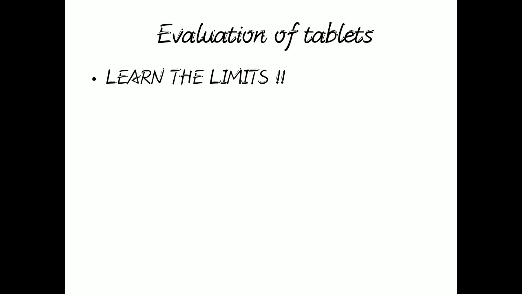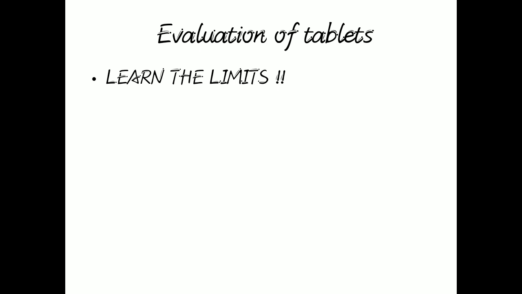Next most important test is the uniformity of weight test. That means the uncoated tablet should comply with the test for 20 tablets weight. 20 tablets should be selected at random, and then you calculate the average weight. Not more than 2 of the individual weights should deviate from the average weight by more than the percent deviation as described by the pharmacopoeia, right?